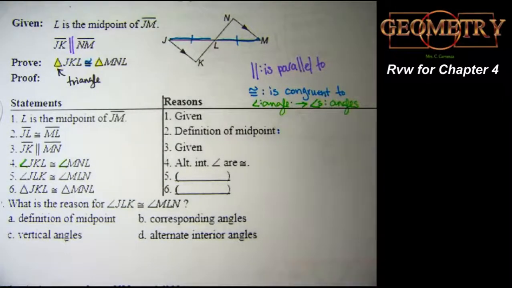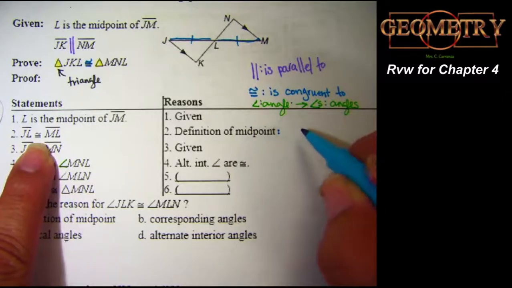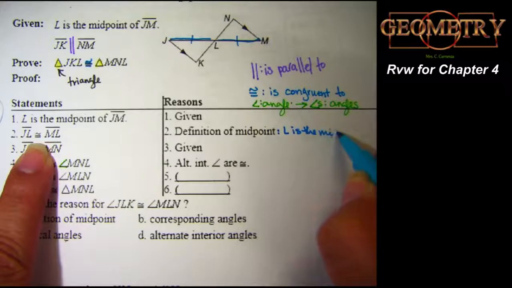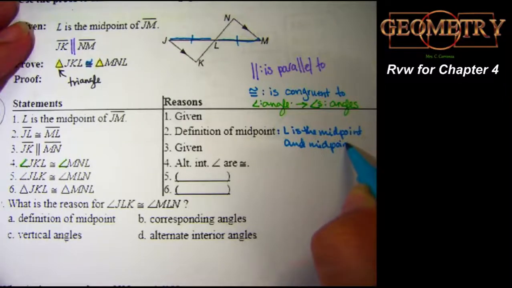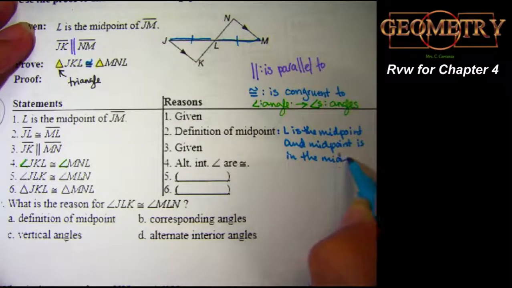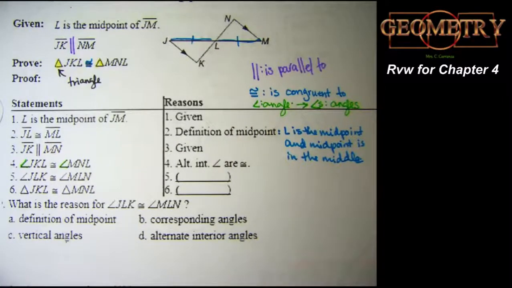But since you're learning how to write proofs, I don't expect your proofs to be perfect right now. So if you come to this and you go, okay, I'm stating that these are congruent, and I'm stating that because L is the midpoint, and midpoint is in the middle, and that's what you write for me, you've basically written the definition of midpoint.